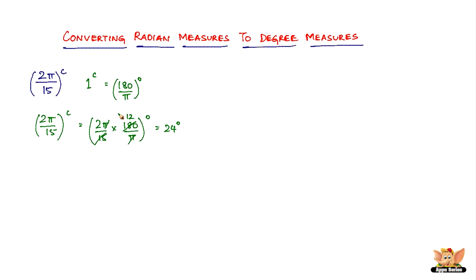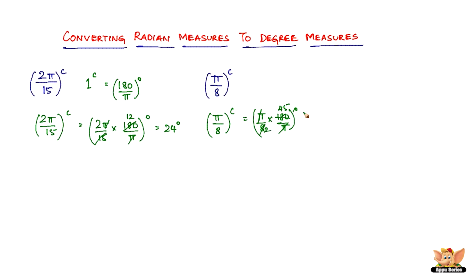So let's quickly look into another one. So we have here pi by 8 radians, and how do we convert this? All that we have to do is pi by 8 radians equals pi by 8 times 180 divided by pi degrees. The pi gets cancelled, and we have 4 times 45.